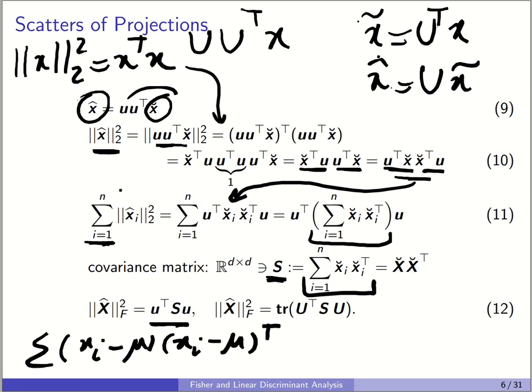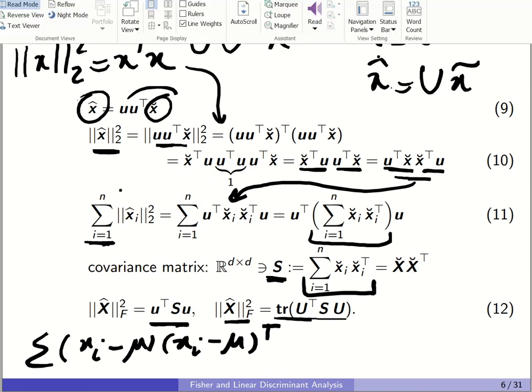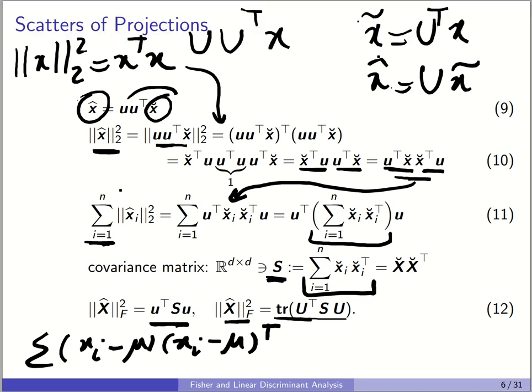In matrix form, this has a trace because we need to have a scalar variance. That's why we use trace. And trace is the summation of eigenvalues, and this captures the variance of data.